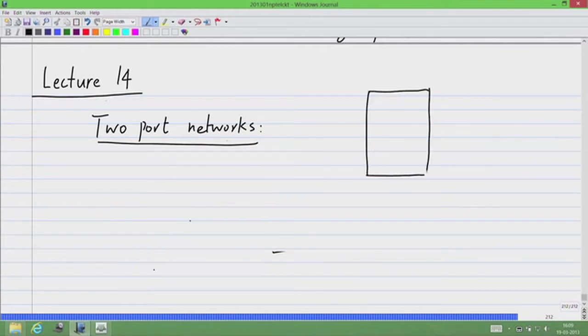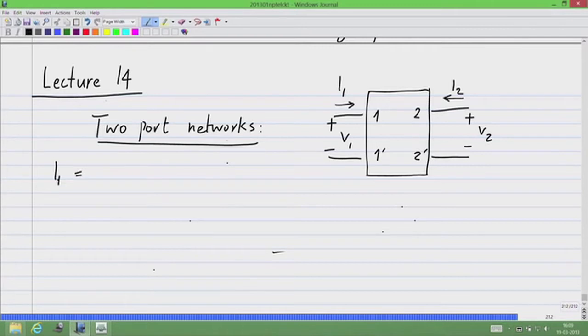So we have two ports, that is two terminal pairs where we can apply voltages and currents. Okay. So previously we wrote the currents as functions of voltages.